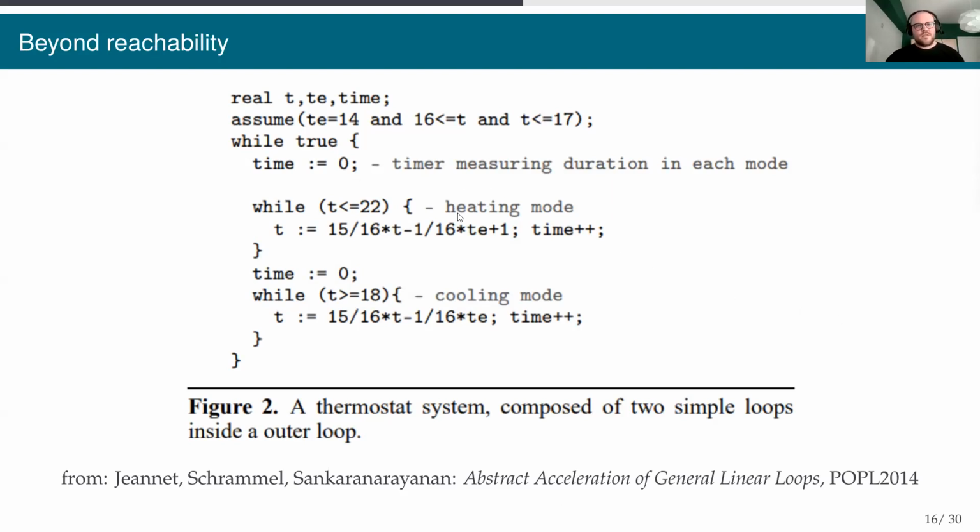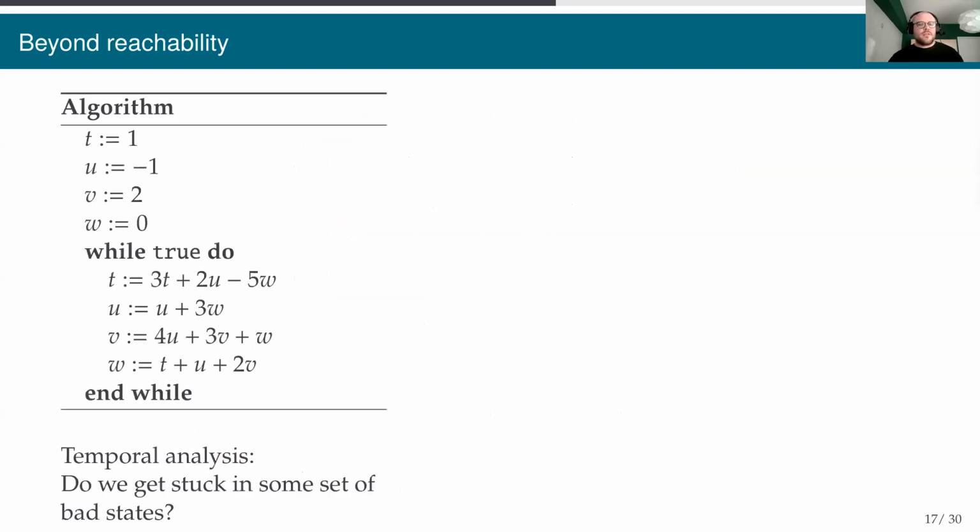Here we have two loops within this outer while true structure. For us, we're only going to have one while loop. But anyway, this is just to illustrate that these kinds of programs exist and you might want to know stuff about them. So here, just a toy example, you have your algorithm with 4 variables and you want to do this linear update.